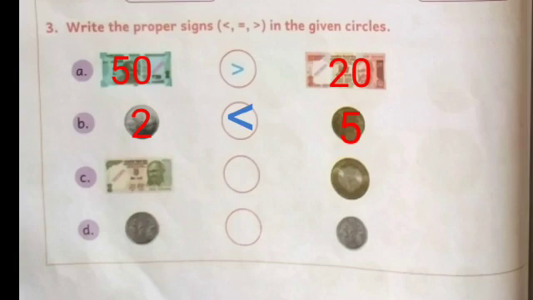Now move to the next one. C part. A note of 5 rupees and here is a coin of 10 rupees. Students, which one is greater? Yes, the 10 rupee coin. So put the sign like this. Now move to the next part.